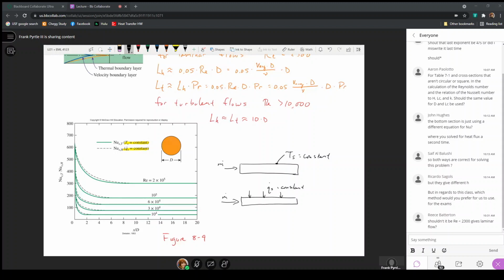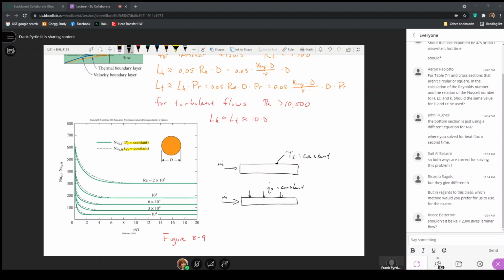So as we move along the length of the pipe, the Nusselt number is decreasing, and once it becomes a constant, about right here, is where it becomes a constant value.